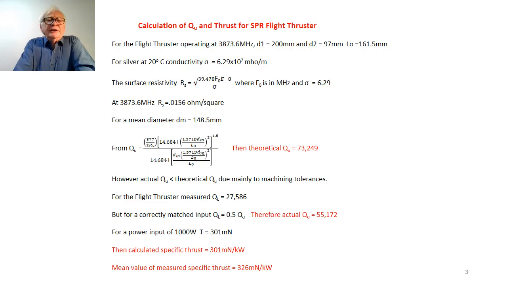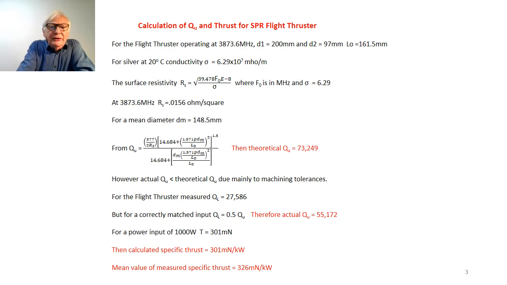For the actual flight thruster itself, we measured a loaded Q of 27,586, which at first sight seems very low, but you must realize that the thrust depends on the unloaded Q, not the measured loaded Q.